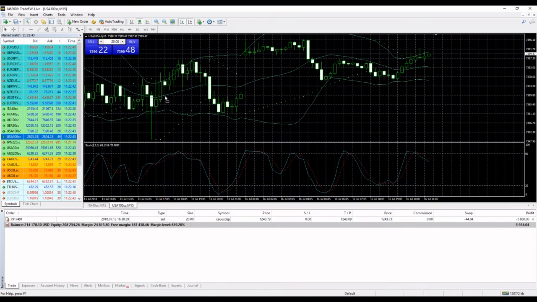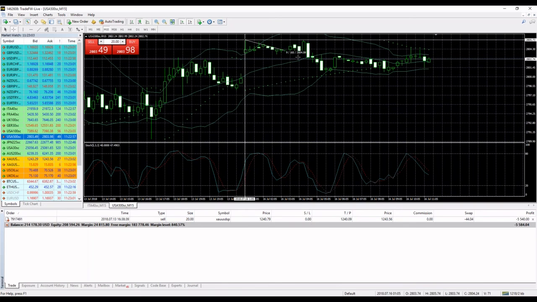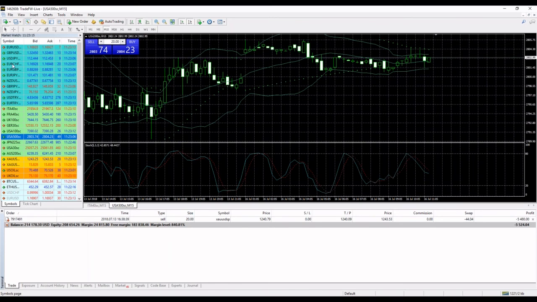USA 500, you see the same. In this level it opened, and it's almost in the same level as it opened, and the trading range is from here. It's a very narrow trading range. Let's see how much it is. Yeah, it's not even $4. It's narrow.